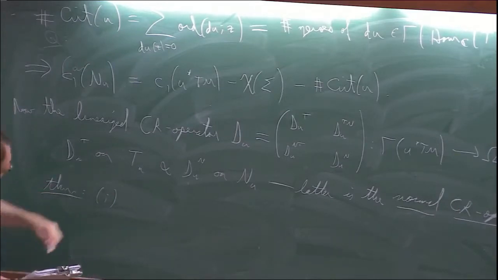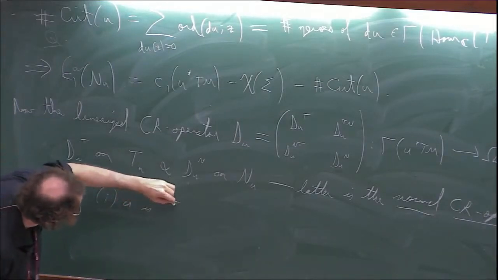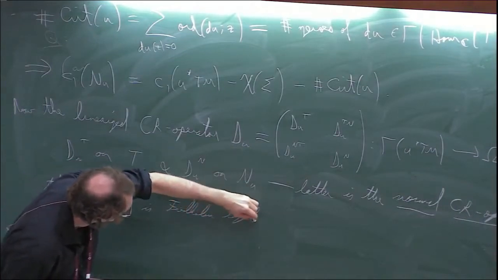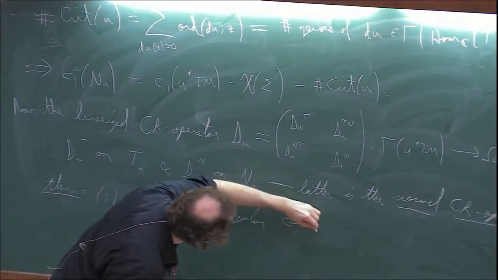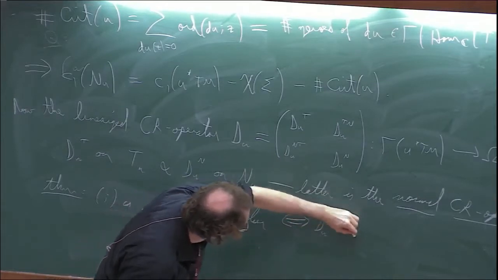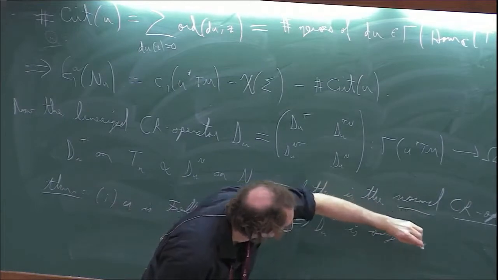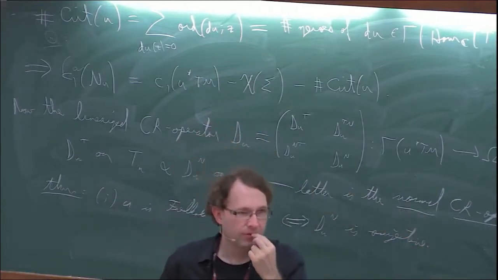Two statements, actually. So u is Fredholm regular if and only if its normal operator is surjective.